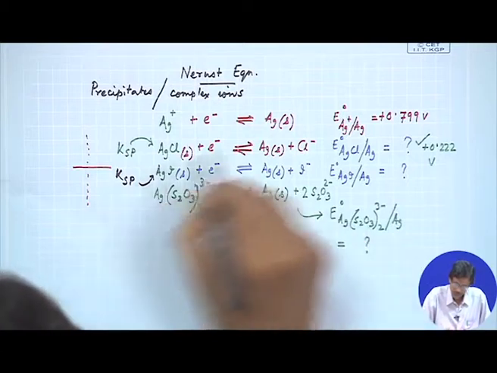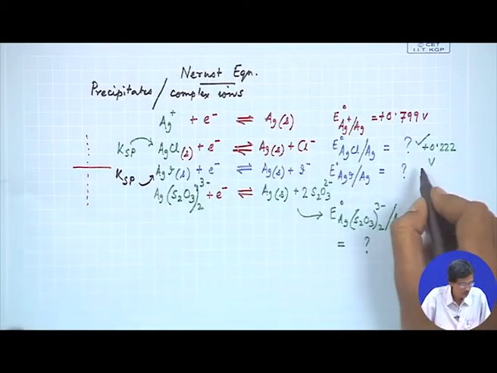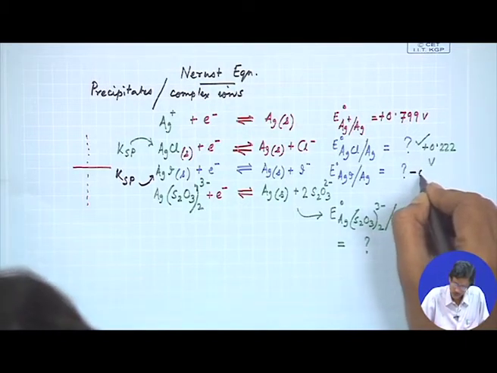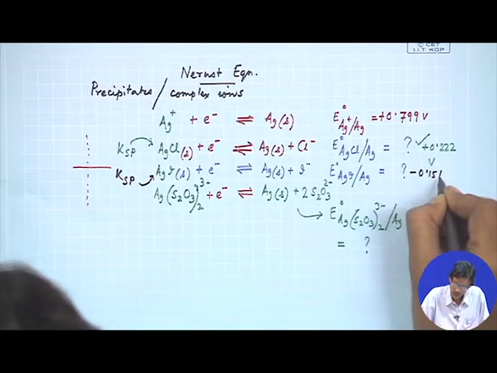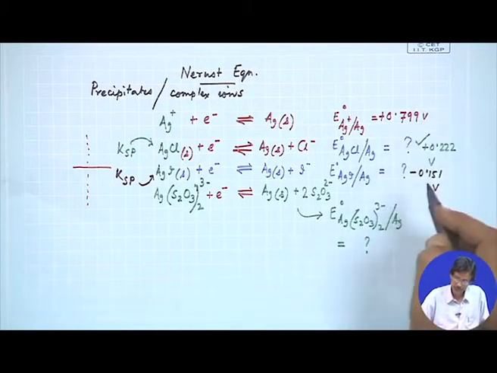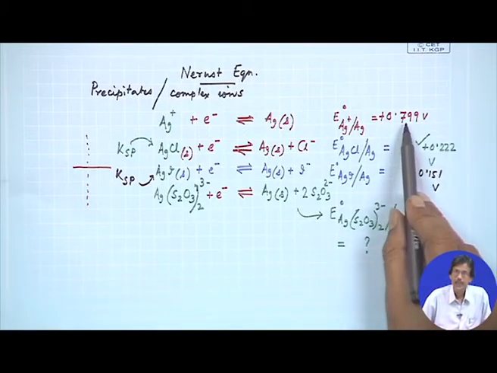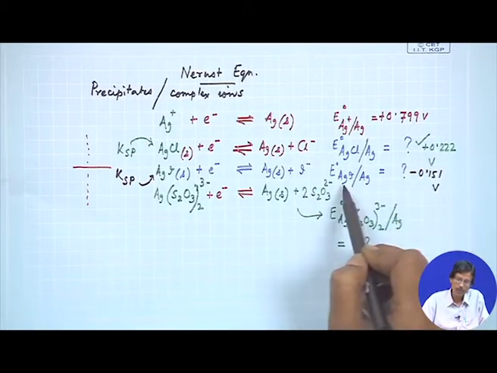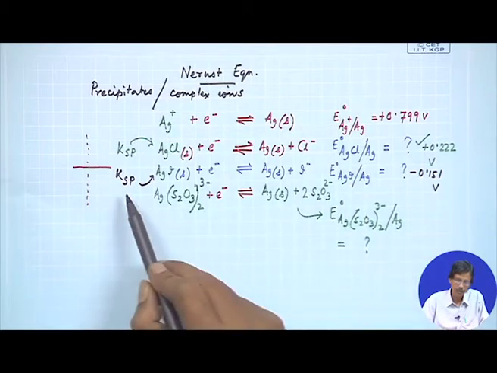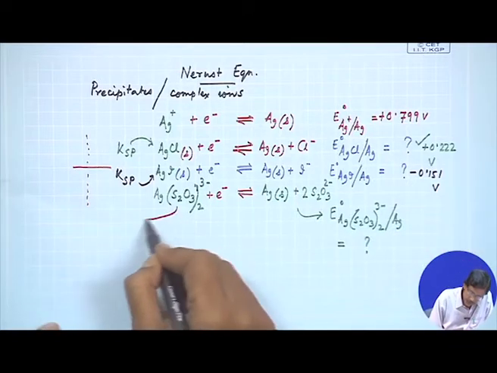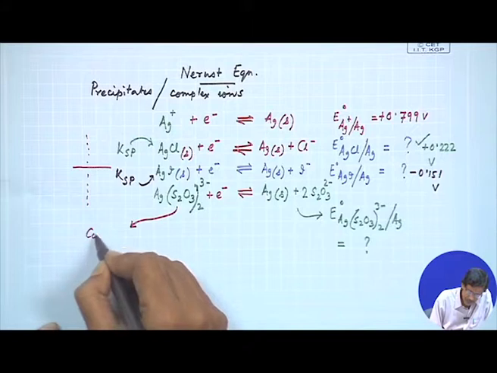After getting all these values and calculations, we get a value which is quite different, minus 0.151 volt. So, you see the variation from this. You have the value which is pretty high, close to 0.8 volt, then we go down further for your silver iodide and its solubility product. Then what about this? Because this will be the typical complex ion formation. So, what is this? This is your complexing agent.